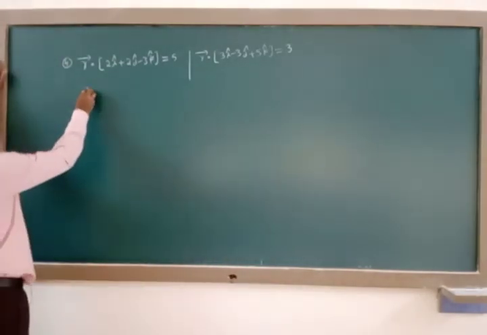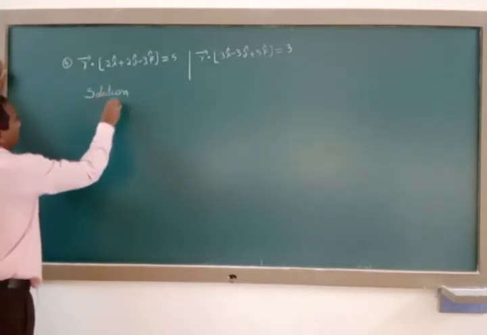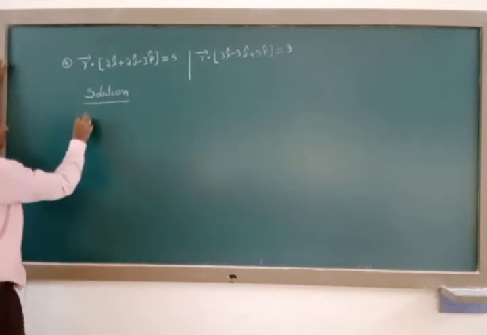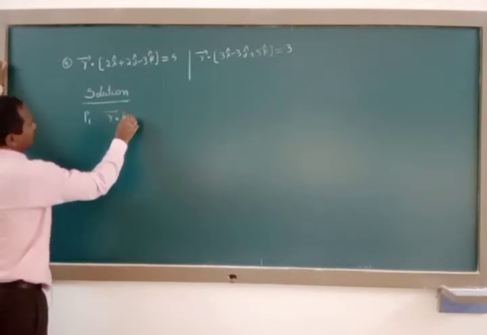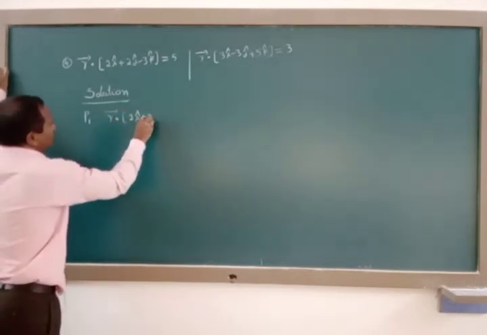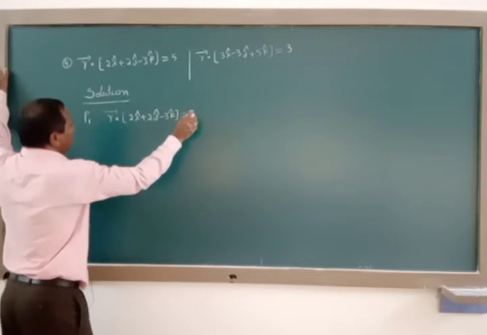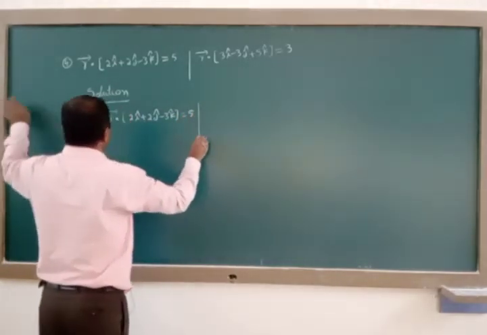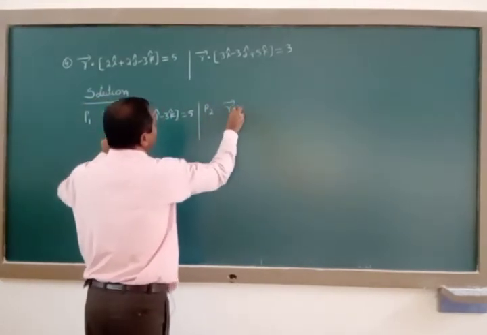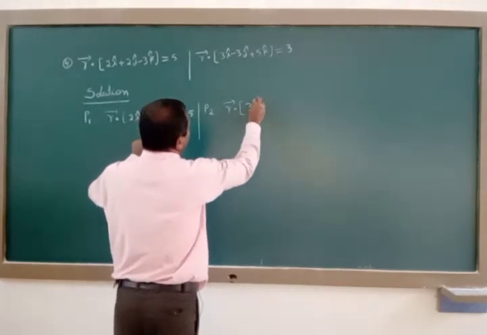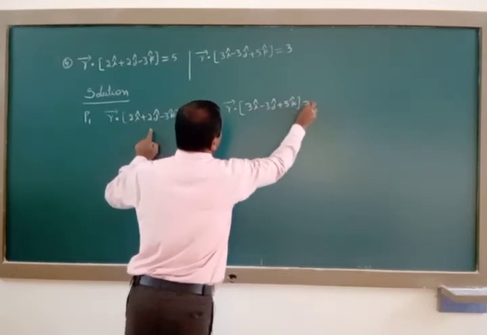The solution for this question is: let the given two planes be P1, r vector dot of 2i cap plus 2j cap minus 3k cap is equal to 5. That is one plane. The other plane is P2, r vector dot of 3i cap minus 3j cap plus 5k cap is equal to 3.